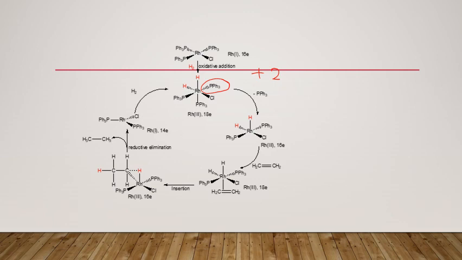Then one of the ligands is removed, so now it becomes a 5-coordinate complex still with the Rh, and then the addition of ethylene here, this is the insertion of ethylene.